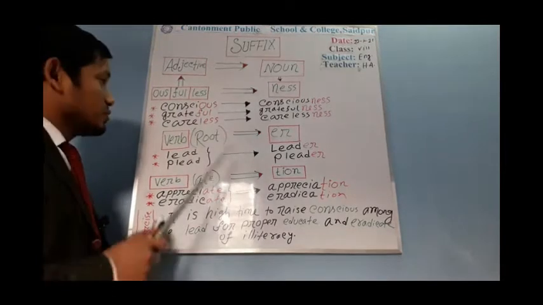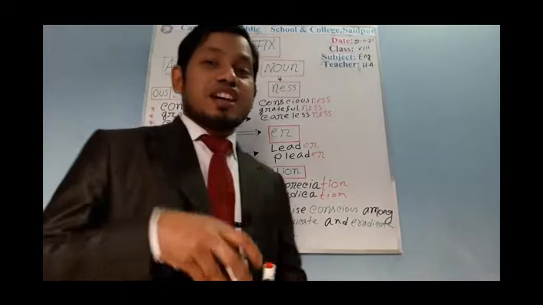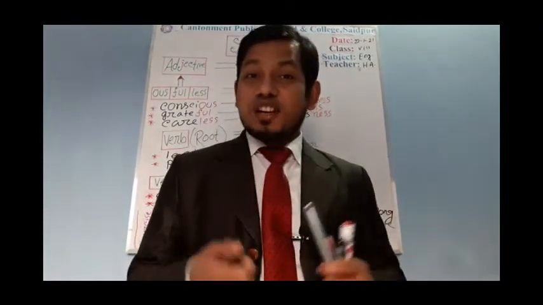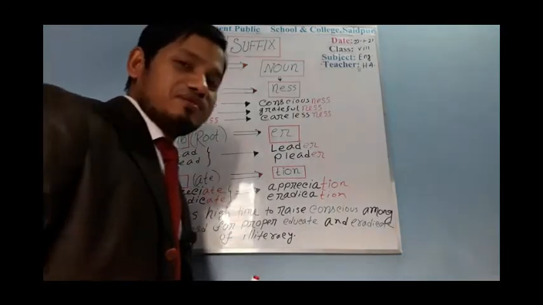Learners, now you are 100% sure about the words ending with OUS, FUL, LESS. Especially the words ending with OUS, FUL and LESS can be turned into nouns. In our speech and in better writing skills in English, we should use NESS to form them into nouns, right?